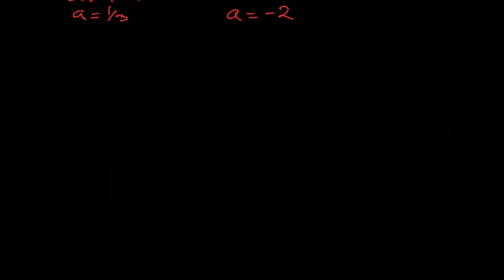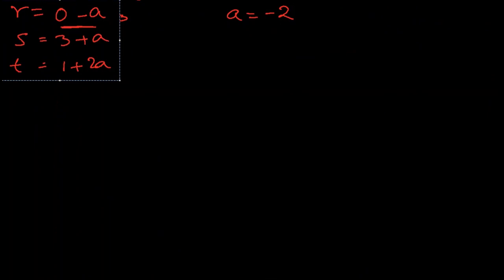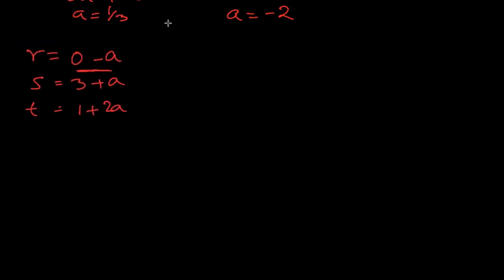For P, let's substitute them into the parametric equations of RST we just found earlier, and we'll find the coordinates of P, which will be the position vector of P, OP rather. So let's substitute a equal to 1/3 first. So it will be minus 1/3.